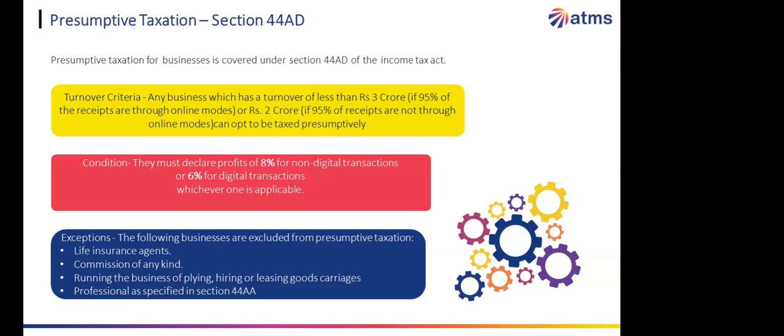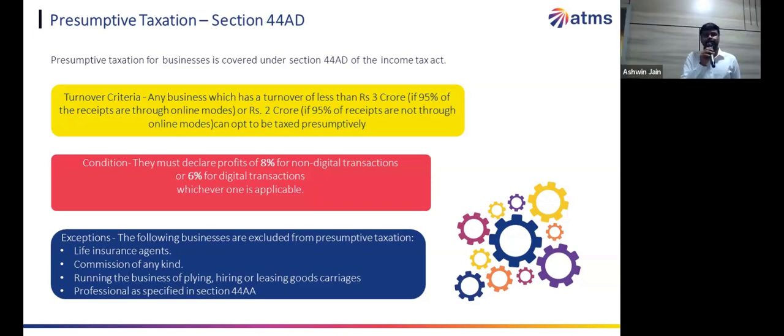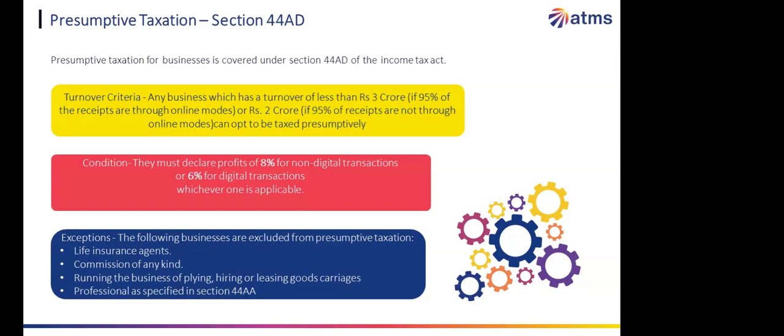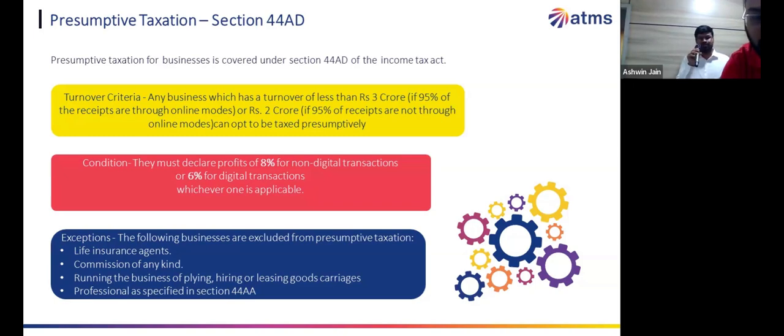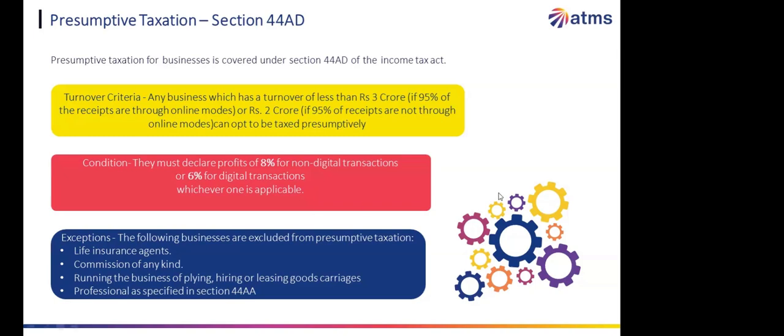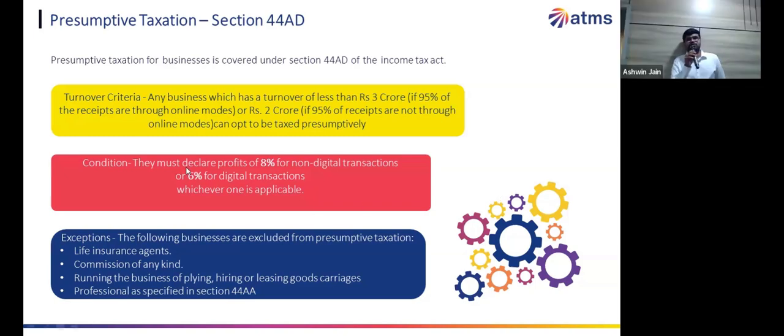Once we have computed our turnover, once we know how much the turnover is, then what to do? You have to declare 8% or 6%. Suppose our turnover is 2 crore, what do we do with it? If our turnover is through online mode or a banking channel, then you can declare your profit at a rate of 6%.